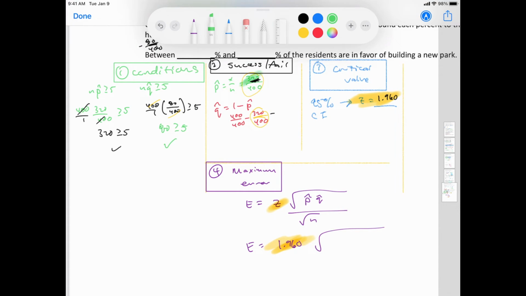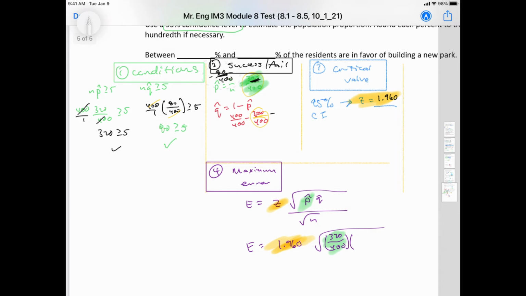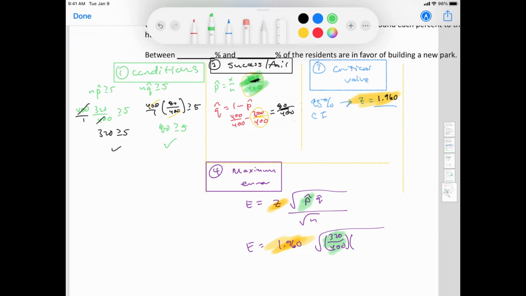P hat is 320 over 400, and we're going to multiply that by the complement, which is essentially 80 over 400.